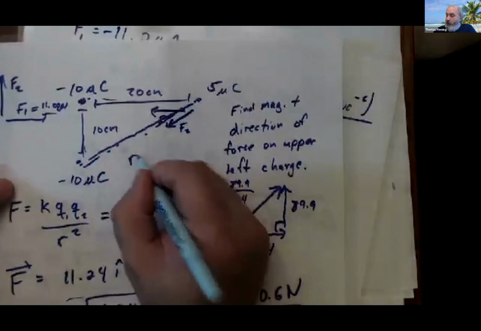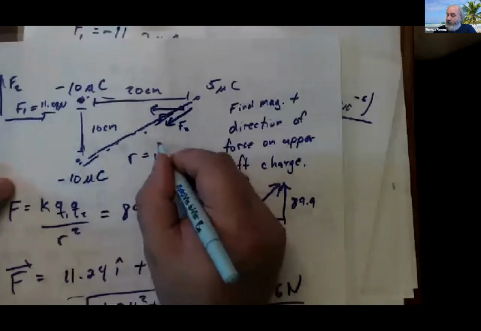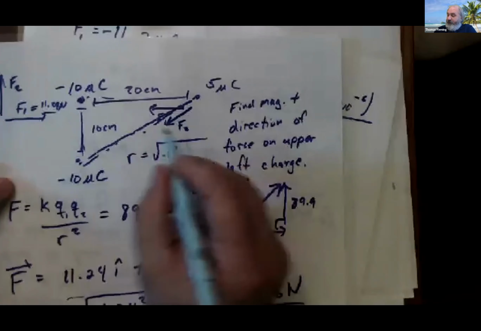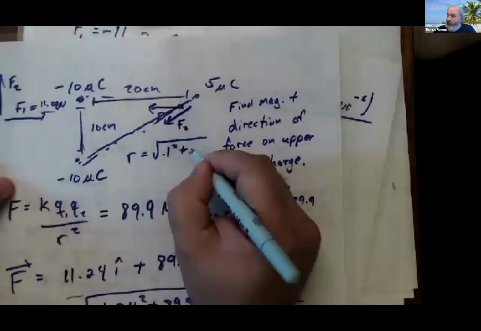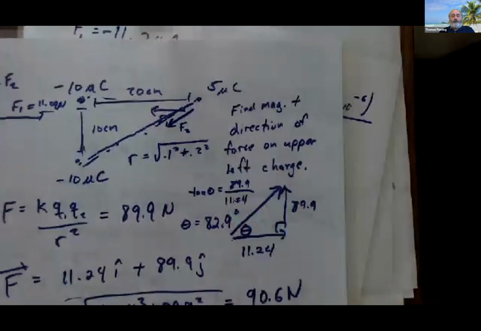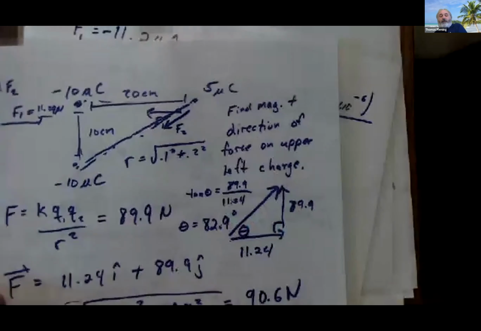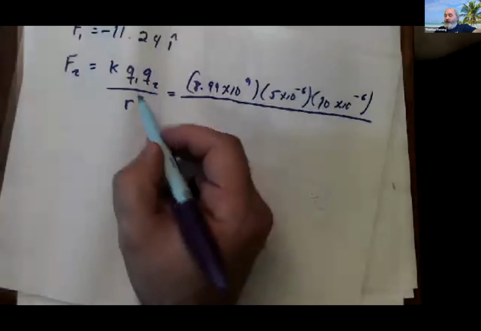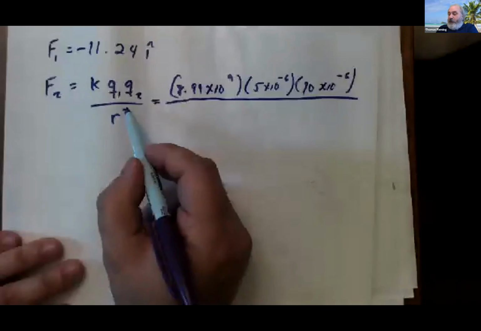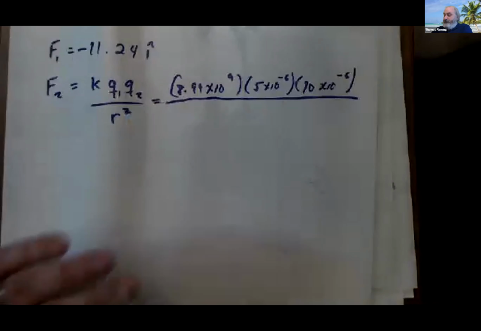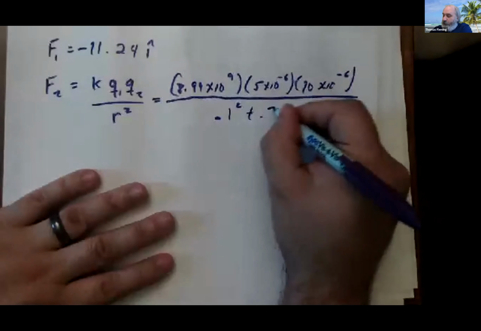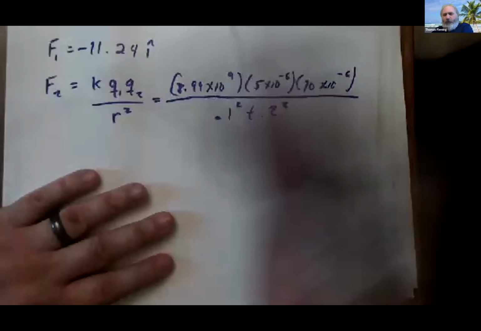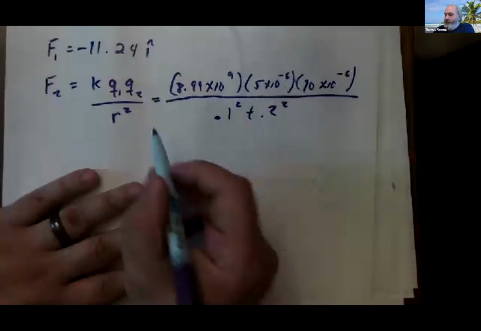So R would be the square root of 0.1 squared, that's this distance, plus 0.2 squared. And the cool part is that on the bottom here, I have R squared, right? So 0.1 squared plus 0.2 squared, square rooted, but then squared, the square root part just cancels. And I just put it in like that.